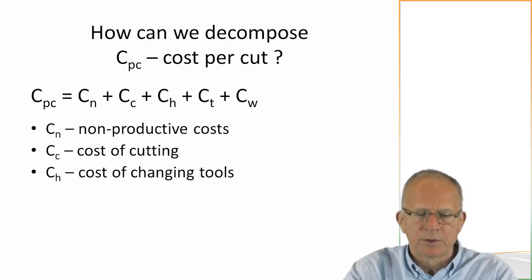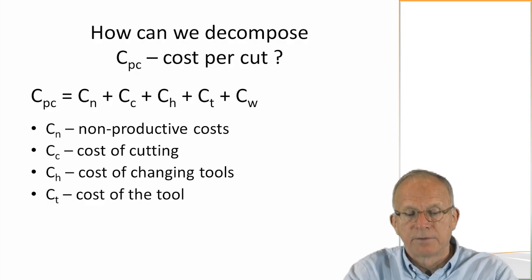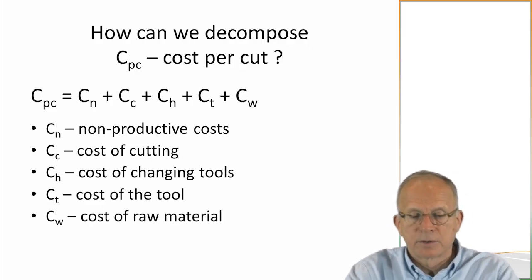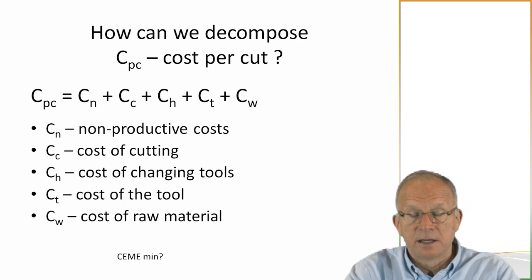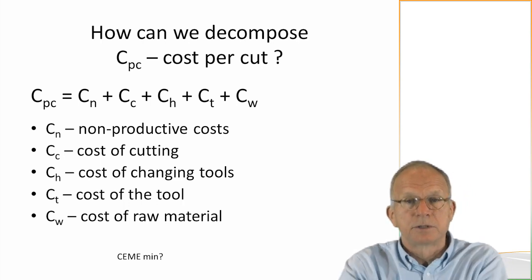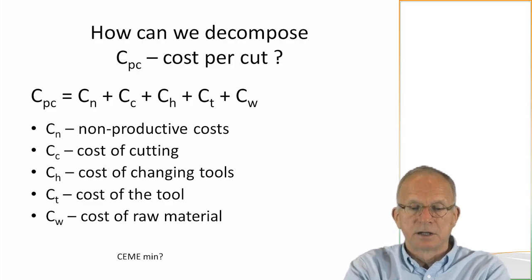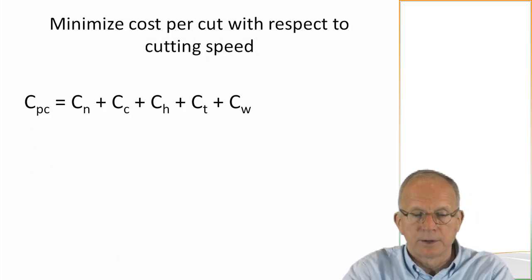I suppose you could argue that's another kind of non-productive cost, but we're going to keep it separate. Then the cost of the tool itself, and the cost of the raw material. For this example, let's decide that this is a collectively exhaustive, mutually exclusive decomposition that gives us a minimum number of things to consider for the cost per operation.